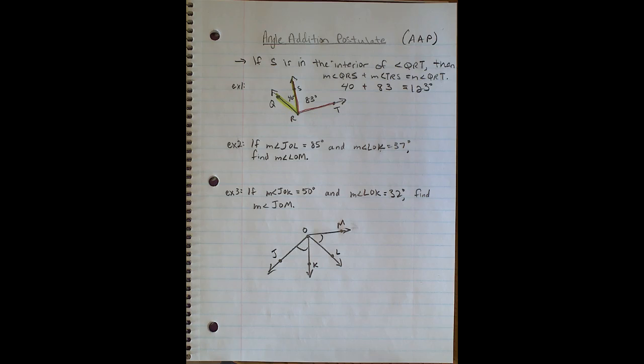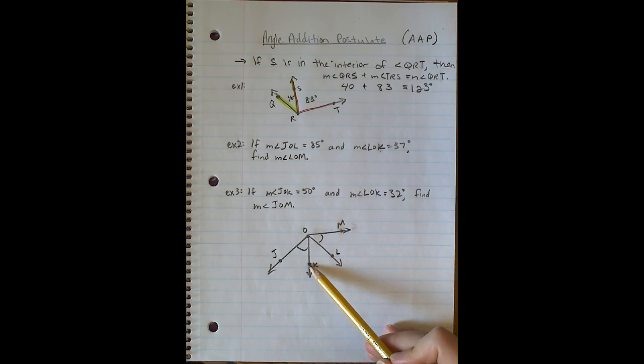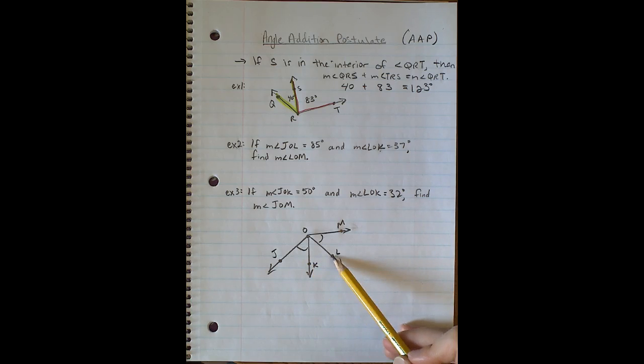Okay, so example 2 tells me JOL is 85 degrees and LOK is 37 degrees. So I'm trying to find angle LOM.